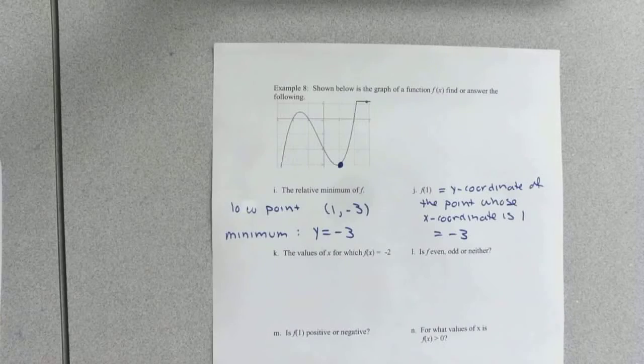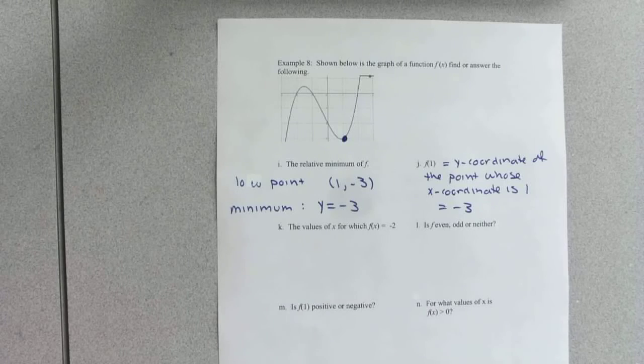It's estimating. On the homework, it's on a nice neat little grid so you don't have to estimate. If I give you something like this on a test or quiz, I would accept anything that was close to -3.